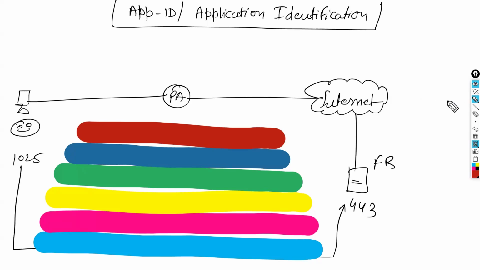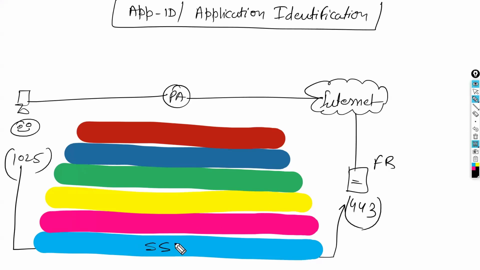We are discussing here what is App ID or application identification. Look here, assume we have a PC connected with Palo Alto. Palo Alto is connected with the internet. On the internet, we have a server like Facebook. When as a user we access Facebook, we will use our dynamic port number and we will hit port number 443 of Facebook.